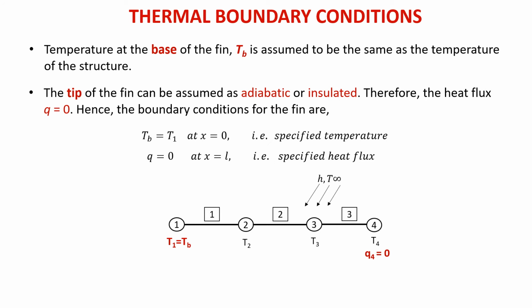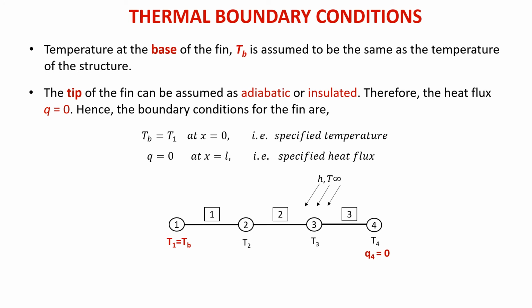Hence, the boundary conditions for the fin are Tb is equal to T1 at x equal to 0, meaning that the temperature at the beginning of the fin is specified.